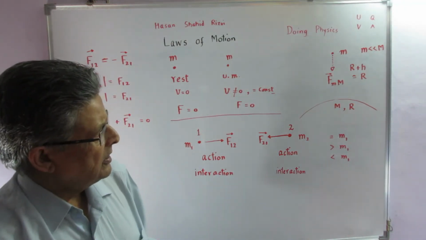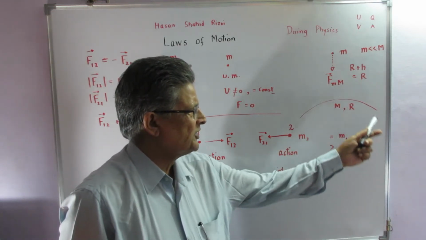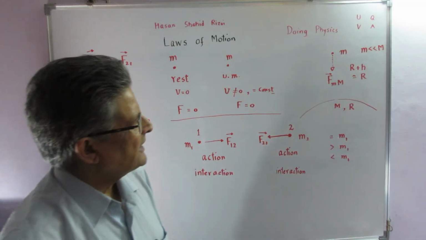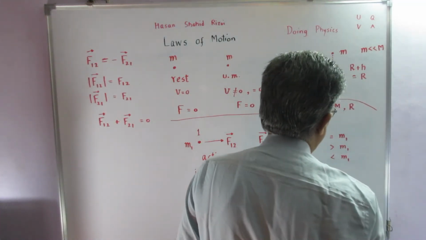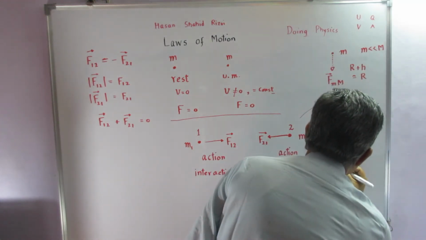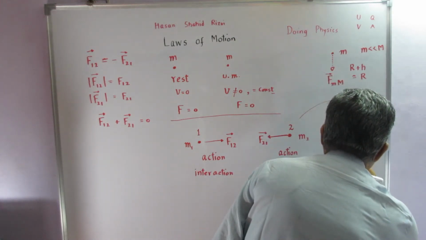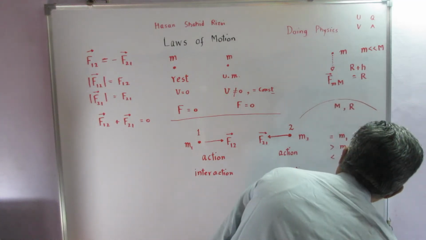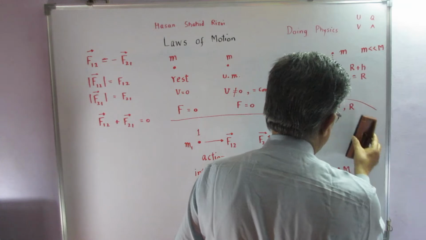Then we have a center of mass concept and so on, and we'll say that this body may be at the center of the earth. There is a center of the earth here, and the mass is capital M. So what does this law say?